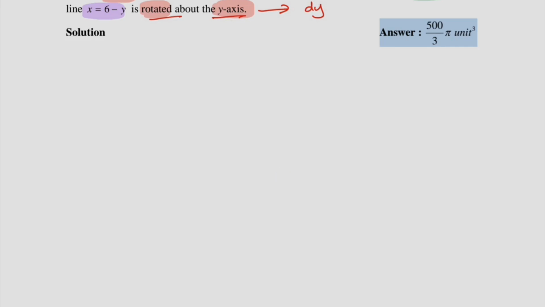And to find the volume, what's the formula? The formula is pi and integrate of something squared minus something squared in terms of dy. Okay, so now you just have to find what are the limits and also which function to subtract with which function, which we have learned from previous 2 examples, exercises.